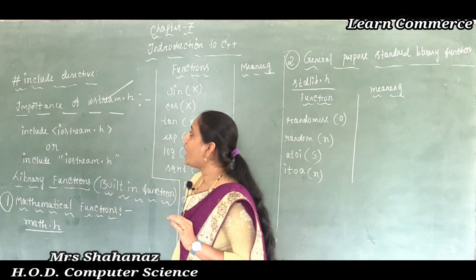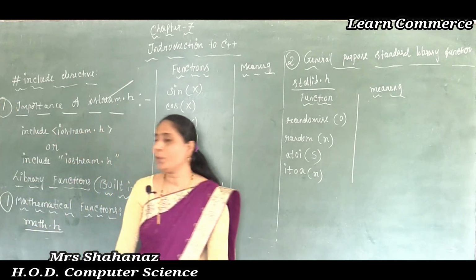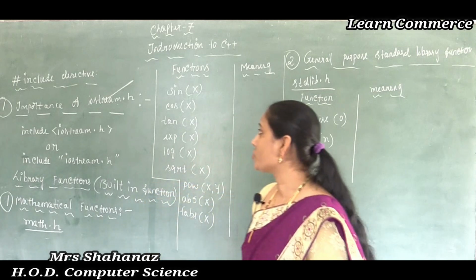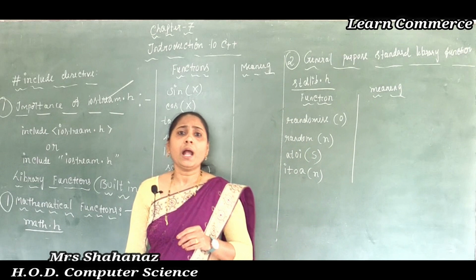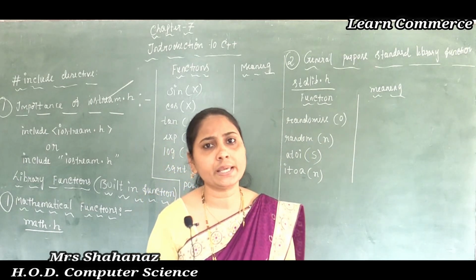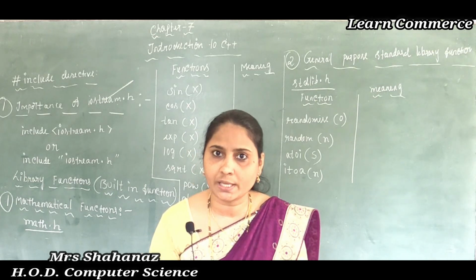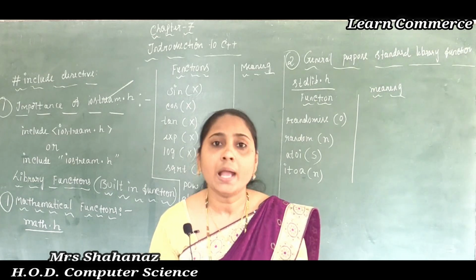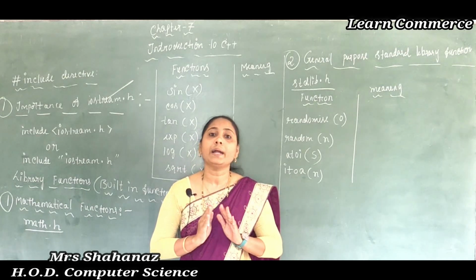Now let's see the importance of iostream.h. We know that the hash include directive instructs the compiler. Whatever is the processing, the writing of the program, the execution of the program, everything is done by our compiler.